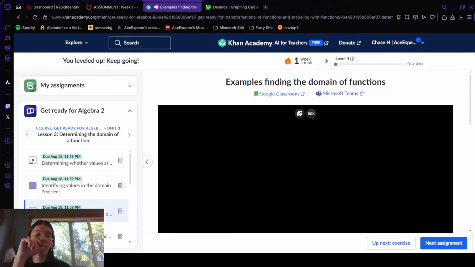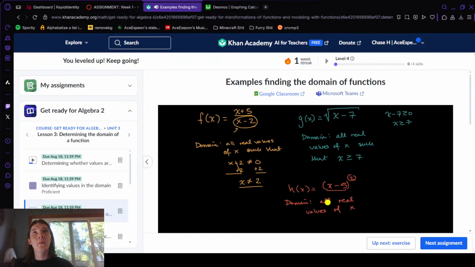Well, is there anything that would cause this to not evaluate to a defined value? Well, we can square any value. You give me any real number, and if I square it, I'm just going to get another real number. And so x minus 5 can be equal to anything, and so x can be equal to anything. So here, the domain is all real values of x.